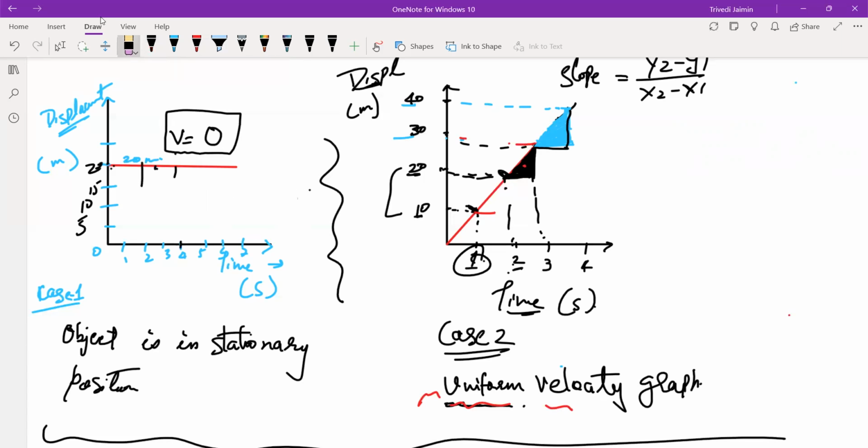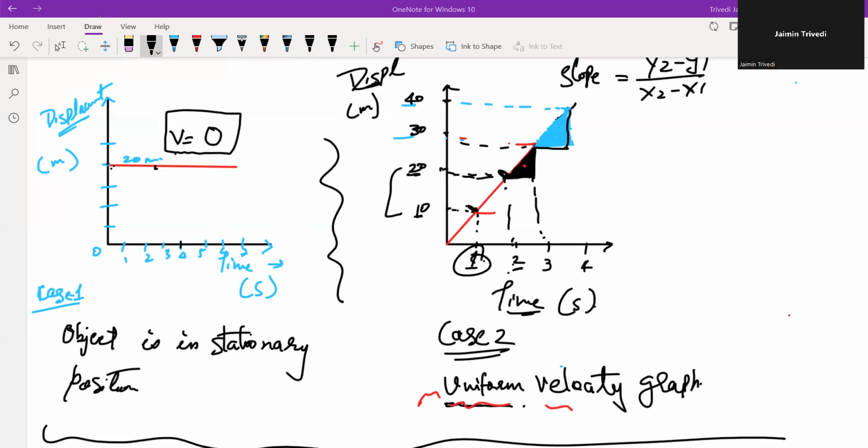So it shows it is at a stationary position. It is not changing its position with respect to time. That shows velocity is 0. Understood? Yes. This shows velocity is 0.